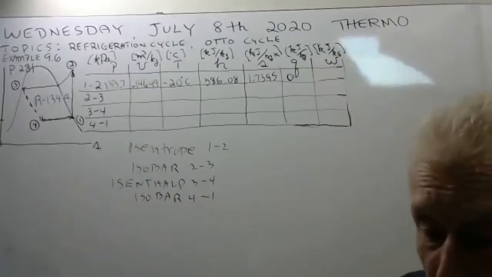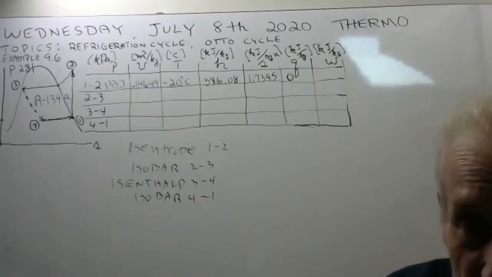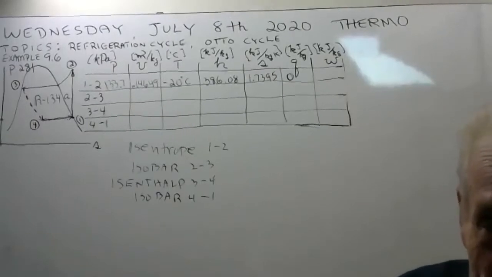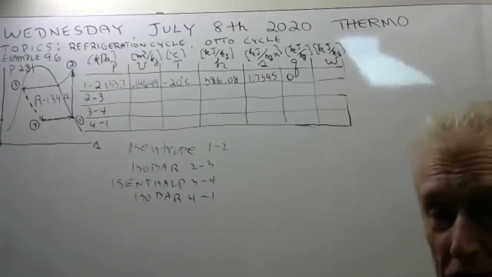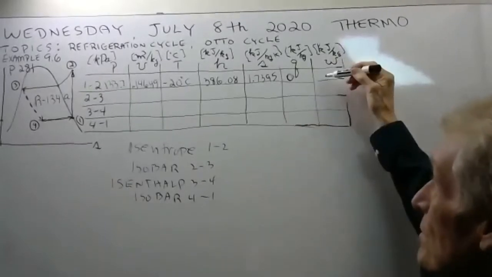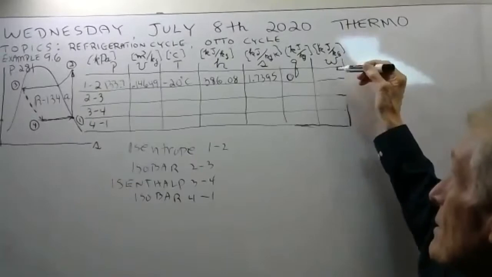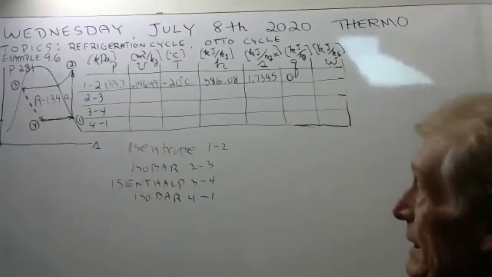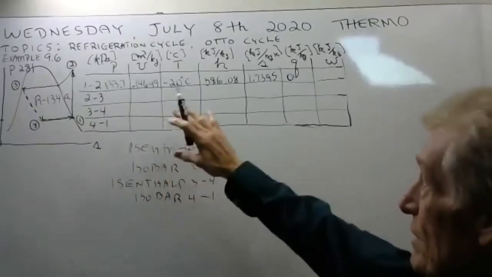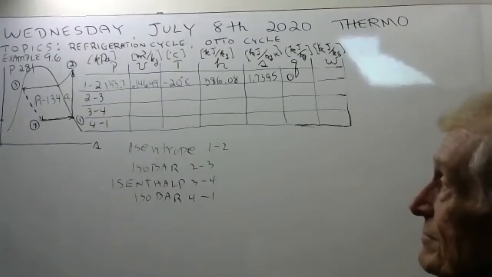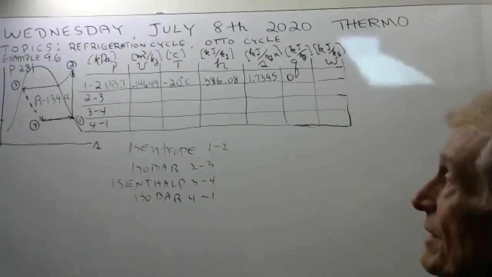Hey, have I ever told you that compression is negative work? Yeah, I've told you that. Let me tell you again. Compression's negative work. So from 1 to 2, we're going to get a negative, but I don't know the answer yet. Any questions so far on any of that we just filled in?